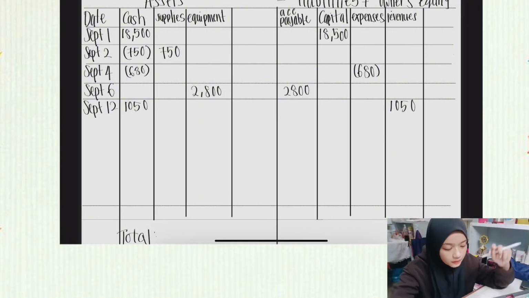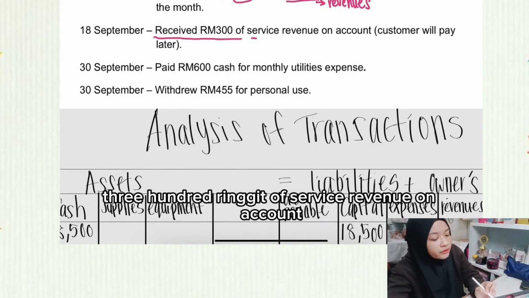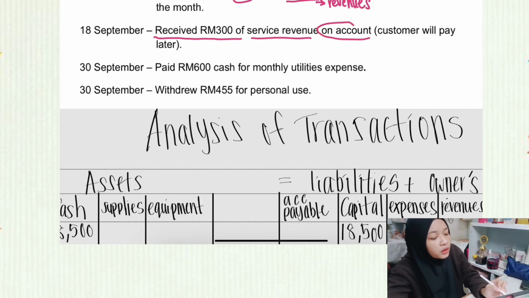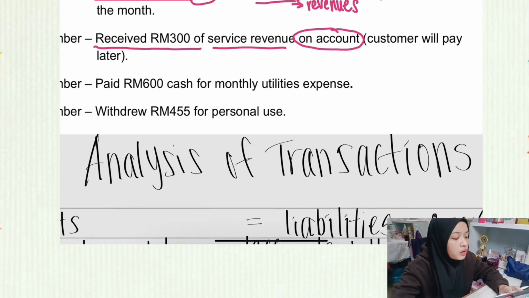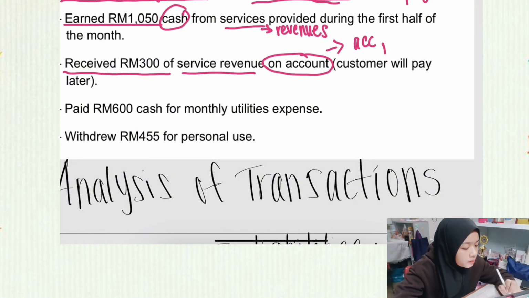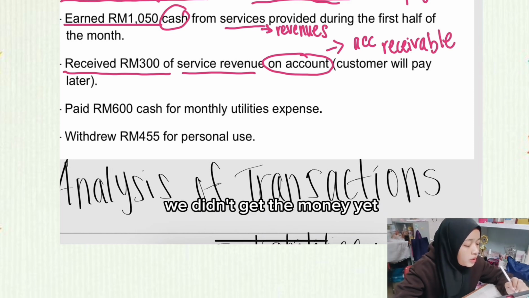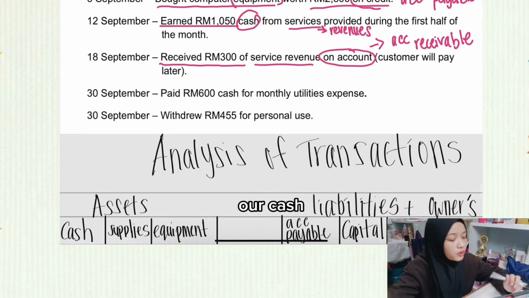1,050. Next, 18 September, receive 300 ringgit of service revenue on account. So we do not get it by cash, but we get it on account. So we call it account receivable. Why? Because we didn't get the money yet.